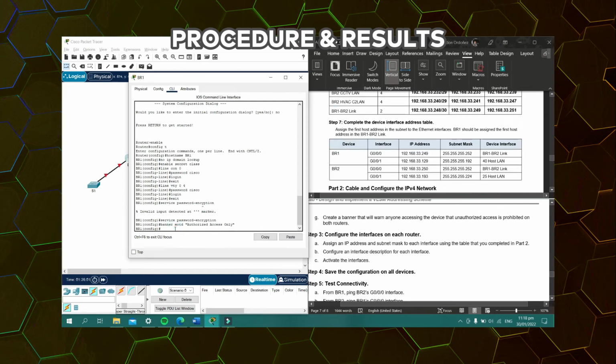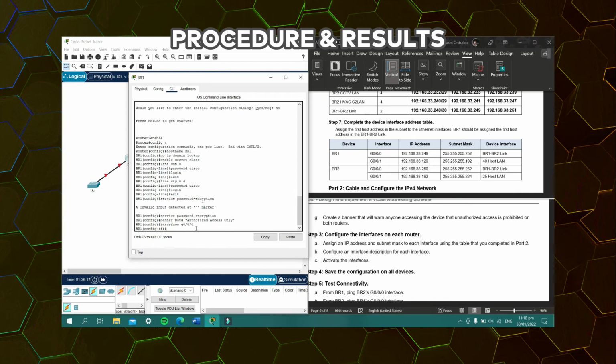Okay, so first, interface G0/0/0, and we will set the IP address 192.168.33.249 255.255.255.252.